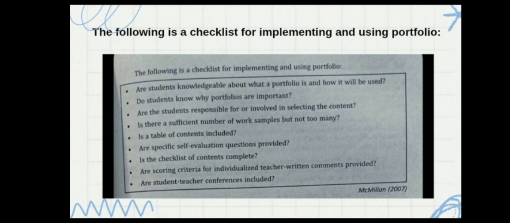Is the checklist of contents complete? Are scoring criteria for individualized teacher-written comments provided? Are student-teacher conferences included? So these are the checklists for implementing and using portfolio. These are the basis of what is needed in implementing and using portfolio.